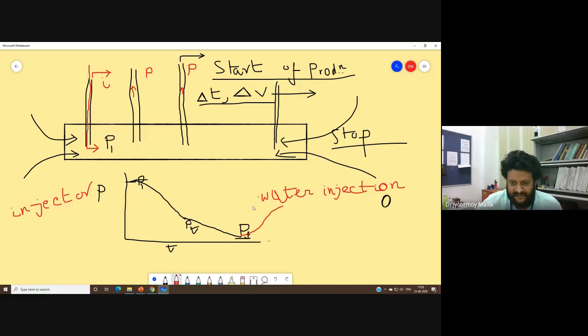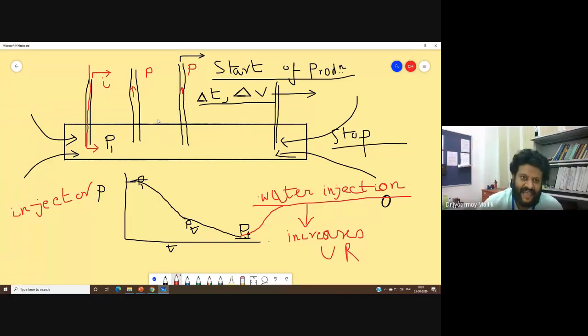So now you see, if I am doing water injection into the system, I am also increasing my ultimate recovery. So water injection also increases ultimate recovery, right? Because without water injection, I would not have been able to take out as much gas as possible. So there is one way, which is water injection, by which you can enhance the ultimate recovery. Okay.